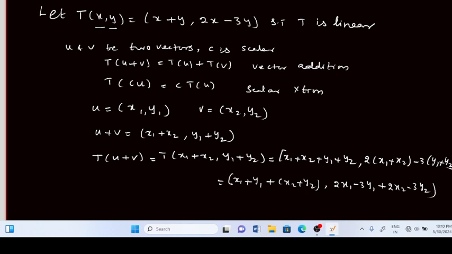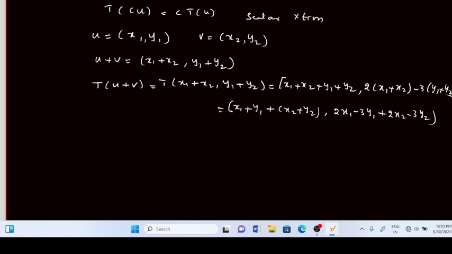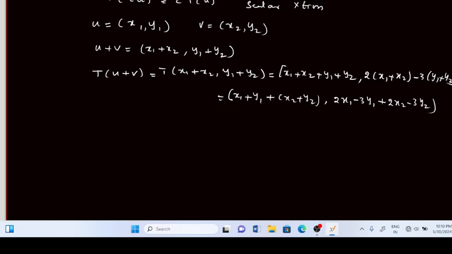Now we write this as (x1 plus y1, 2x1 minus 3y1) plus (x2 plus y2, 2 times x2 minus 3 times y2).